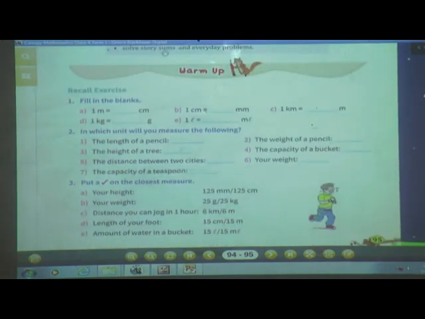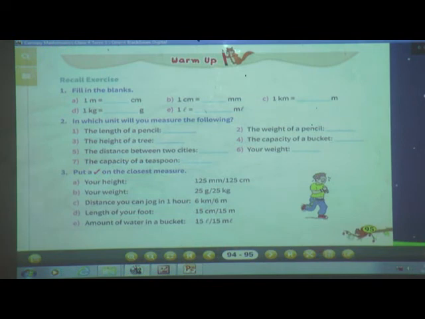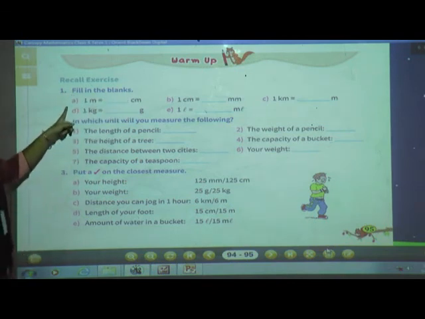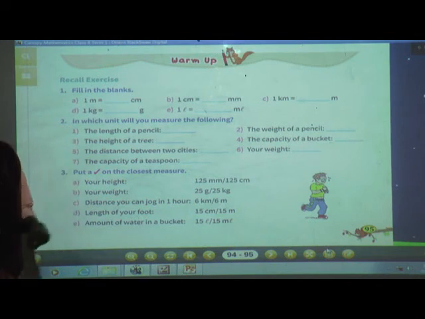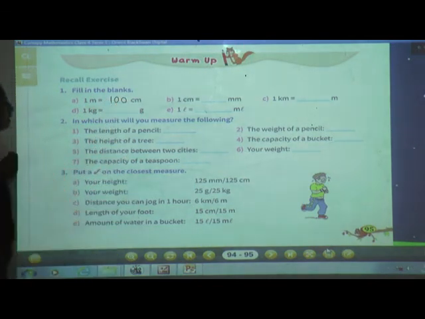Before that, they have given a recall exercise. This recall exercise you have studied in grade 3, the measurement chapter. So let's revise. What is the question A? Fill in the blanks. Now tell me, A1, 1 meter is equal to how much, students? Yes, 1 meter is equal to 100 centimeters, isn't it?